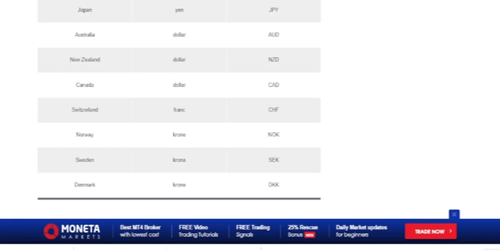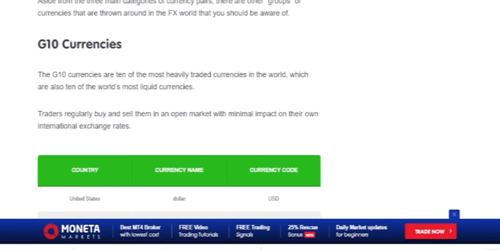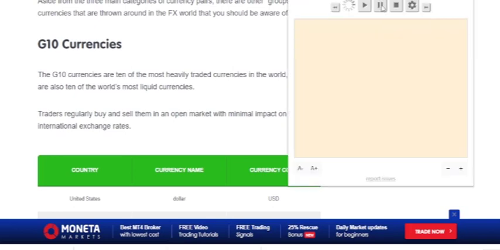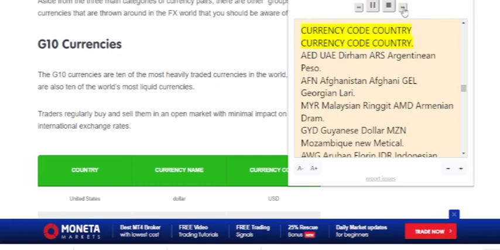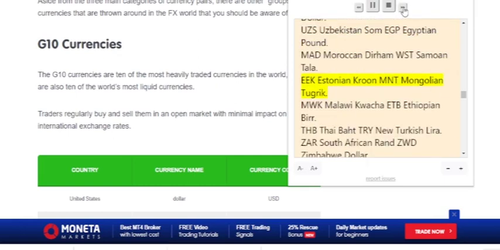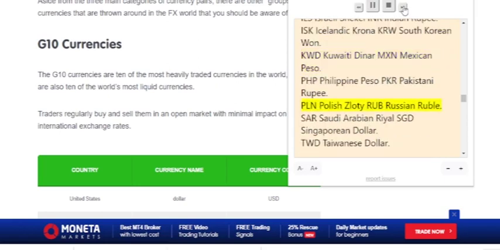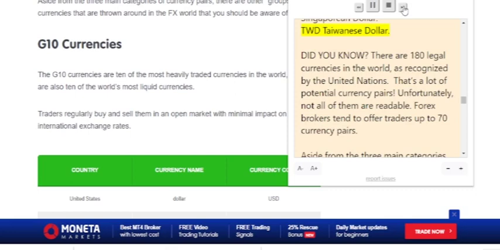I trade minors, I trade majors, I don't trade exotics. So we are going to the G10 currencies, the great 10 currencies, and then let me activate this. You don't need to read all these exotic pairs. I hope you understand what exotic means: BRL, Brazilian Reals, TWD, Taiwan.